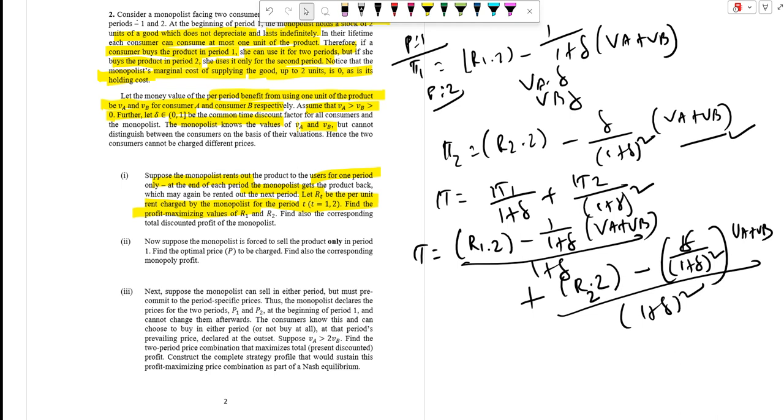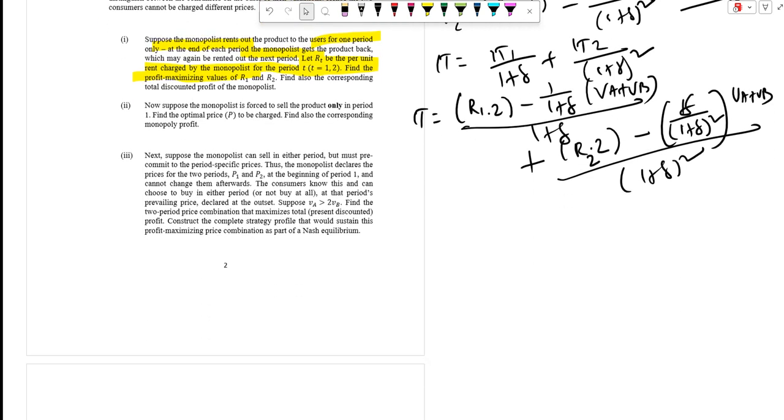Taking the first order conditions with respect to R1 and R2 and setting them to zero.